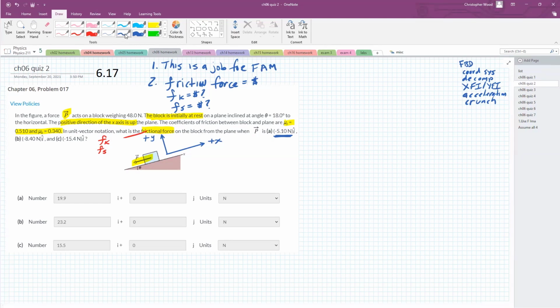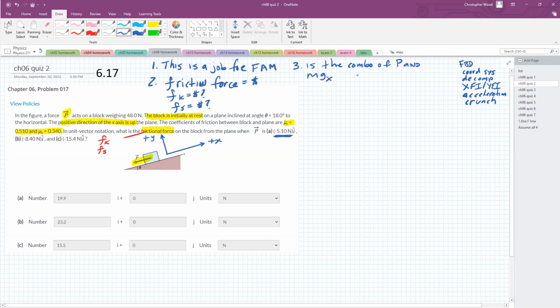Number 3. I have a question. Is the combination, combo for short, of P, that P force indicated visually, and mgx enough to overcome static friction?